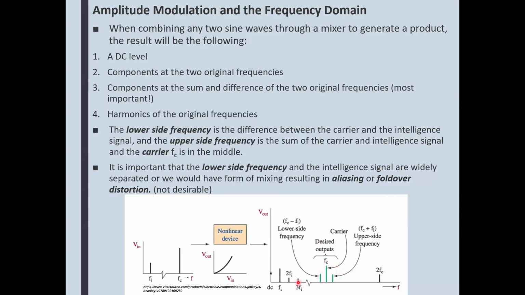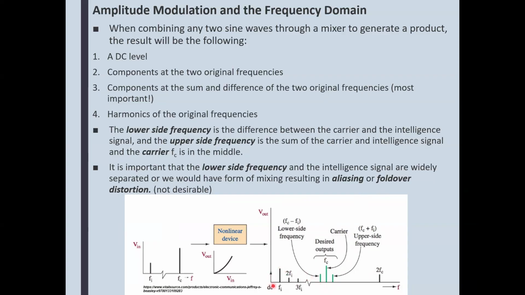And we don't want that at the output, so we're going to filter it out. We're just going to have a band filter. That filter just passes through from here to here and shoots it out. And we're going to have those harmonics, so that also has to be filtered out. That's why we use band filters before we shoot things out to the antenna.